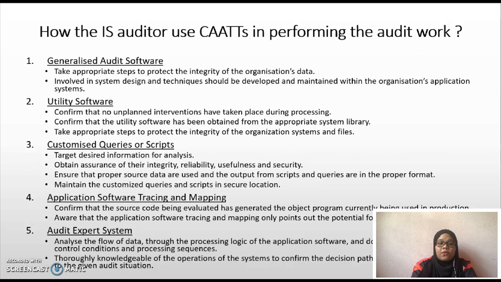He also needs to confirm that the utility software has been obtained from the appropriate system library. And for the audit expert system, the IS auditor needs to analyze the flow of data through the processing logic of the application software and document the logic, path, control condition and processing sequence.